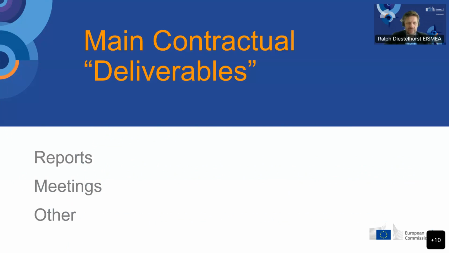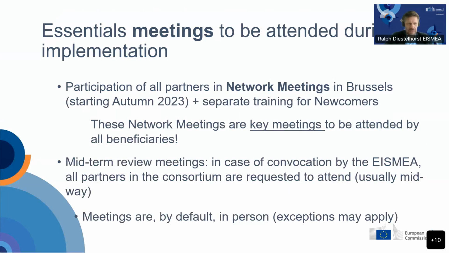Meetings. The key meetings in this program are in fact the networking meetings. We bring together twice a year all organizations that implement the Erasmus for Entrepreneurs program, either in Brussels or in other places in the participating countries.